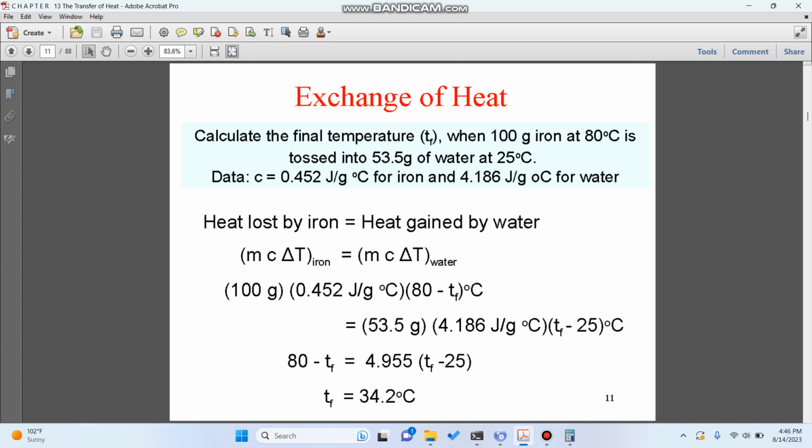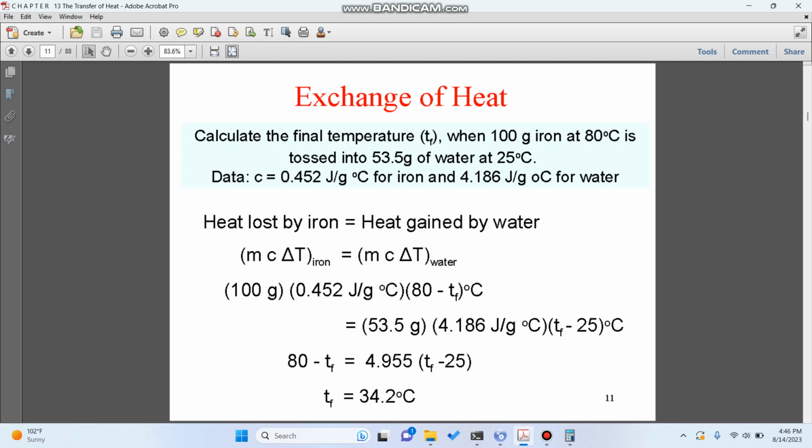So the final temperature: 100 gram of iron at 80 degrees Celsius is tossed into 53.5 gram of water at 25 degrees Celsius. What we will do is make an equation: heat lost by iron equals heat gained by water.